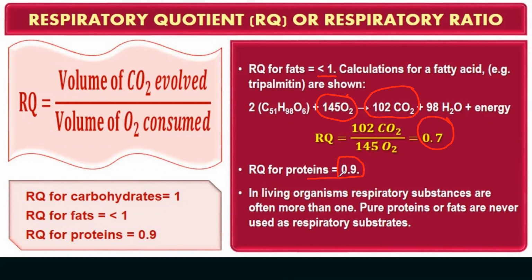In living organisms, the respiratory quotient is often not pure, so pure protein or fats are never used as respiratory substrates. They may be converted into one or the other type of compounds, and carbohydrate is utilized as the respiratory substrate.